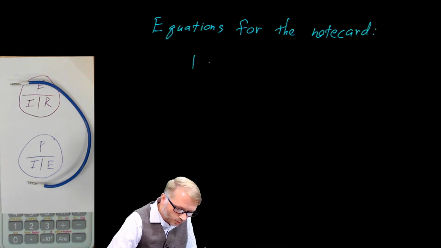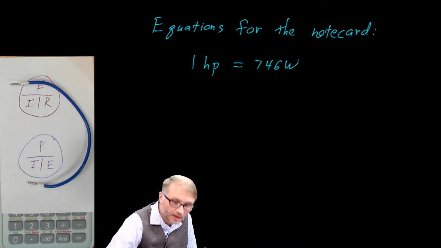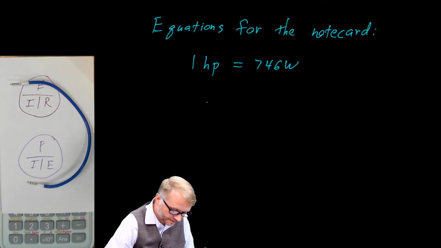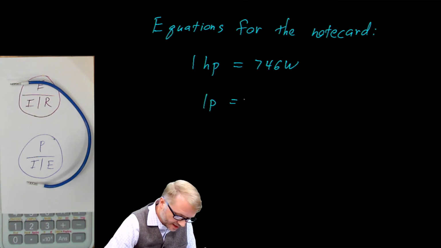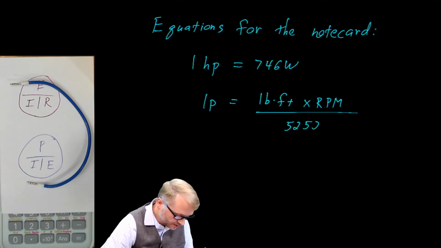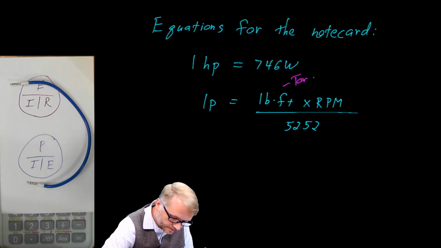And here they are. 1 horsepower is equal to 746 watts. 1 horsepower is equal to foot-pounds of torque multiplied by the RPMs divided by 5252. So this is the torque, and this is the speed at which the shaft is turning.